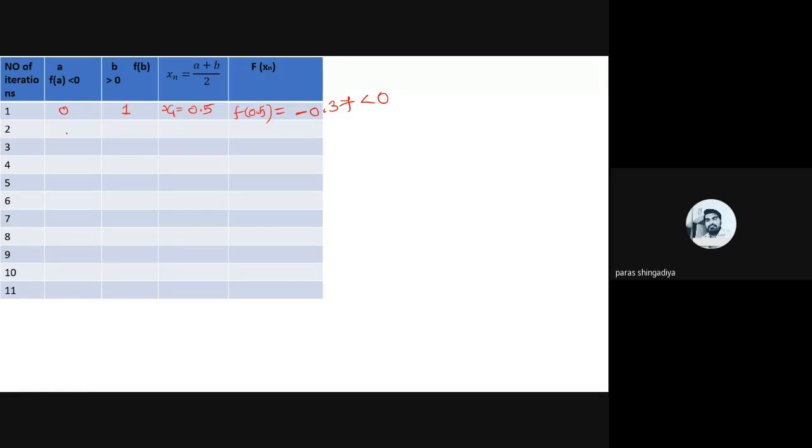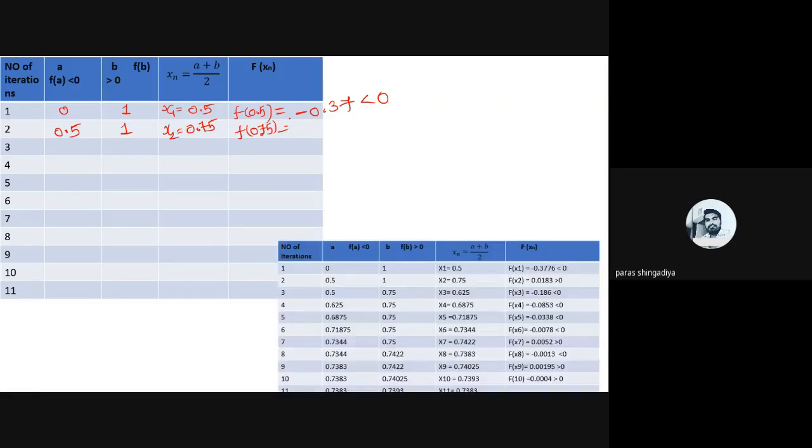So in the next iteration we'll replace 0.5 in place of 0. So it is 0.5, here 1 as it is. Now x2 will be its average, that is 0.75, and now check f of 0.75. You will get a positive 0.083. You just verify this answer in your calculator. Keep your calculator with you in this maths lecture, because without a calculator you cannot verify or solve any step in any question.